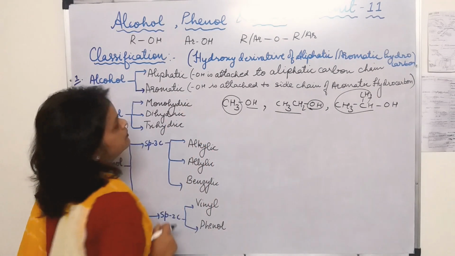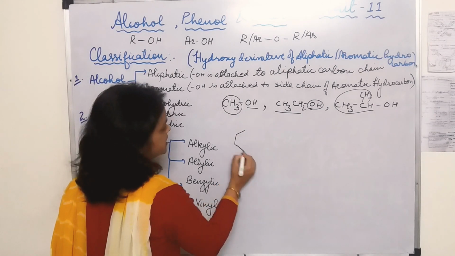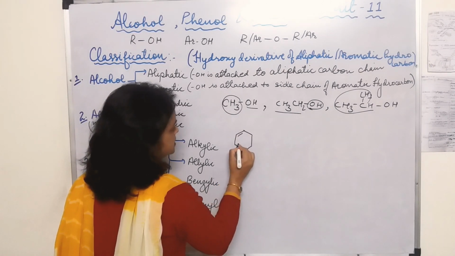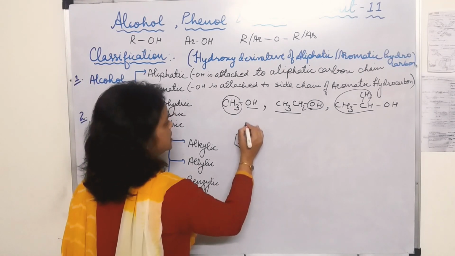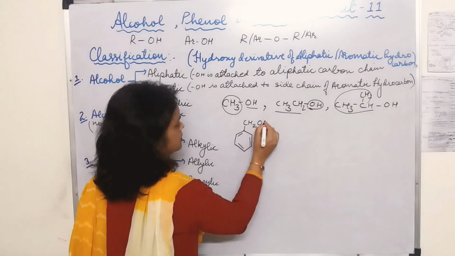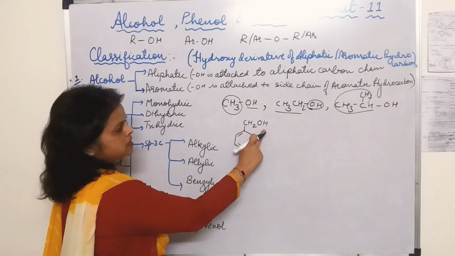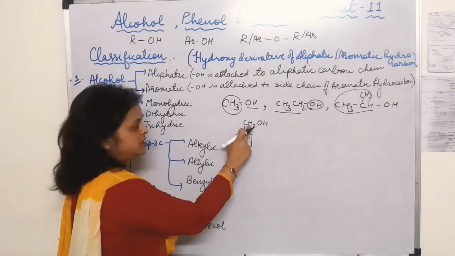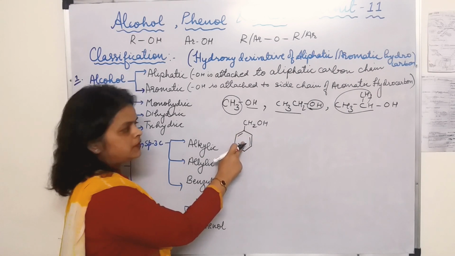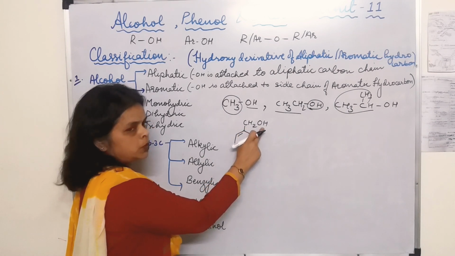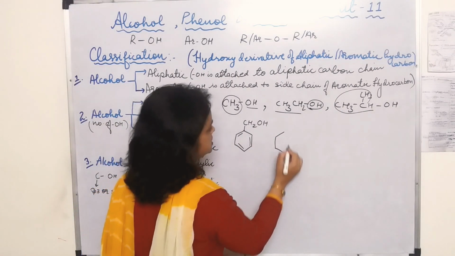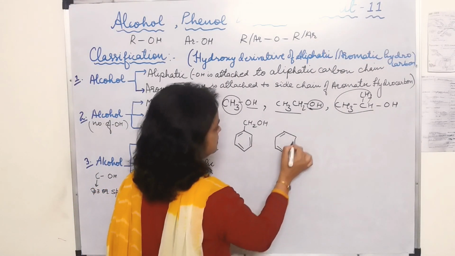Now aromatic, when the OH is attached to the side chain. This is the benzene ring, and suppose I am writing this example. Here the OH is attached to the carbon, which is in turn attached to the benzene ring. So this is the side chain to which OH is attached. Let's write a few more examples.